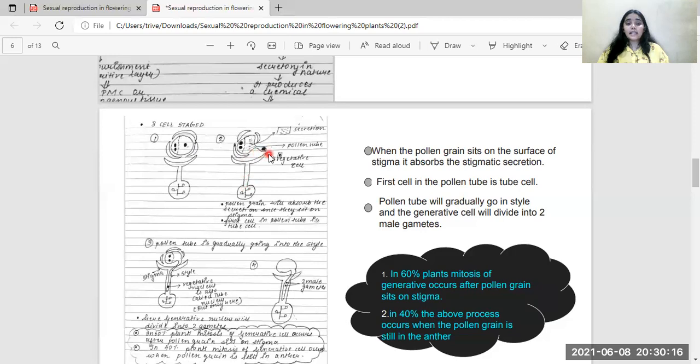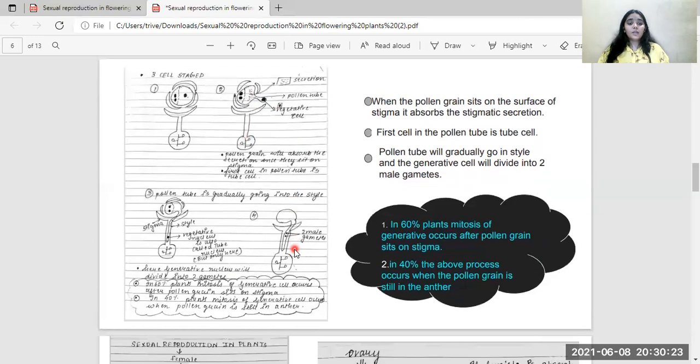The first cell in the pollen tube is the vegetative cell, and when it comes down to the style, the pollen tube starts growing in the style. The vegetative cell is also known as the tube nucleus because it is in the pollen tube.